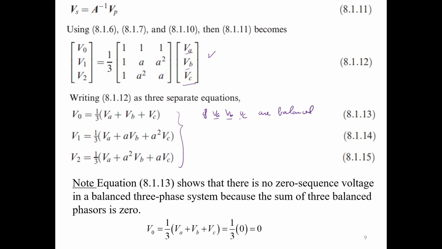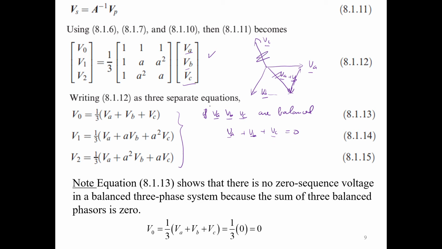We have learned that VA plus VB plus VC is 0. This is positive sequence, and the sum of these three vectors is 0. Because VA plus VB is this guy here, this is VB, and this is VA plus VB. You cancel this guy, so this becomes 0.